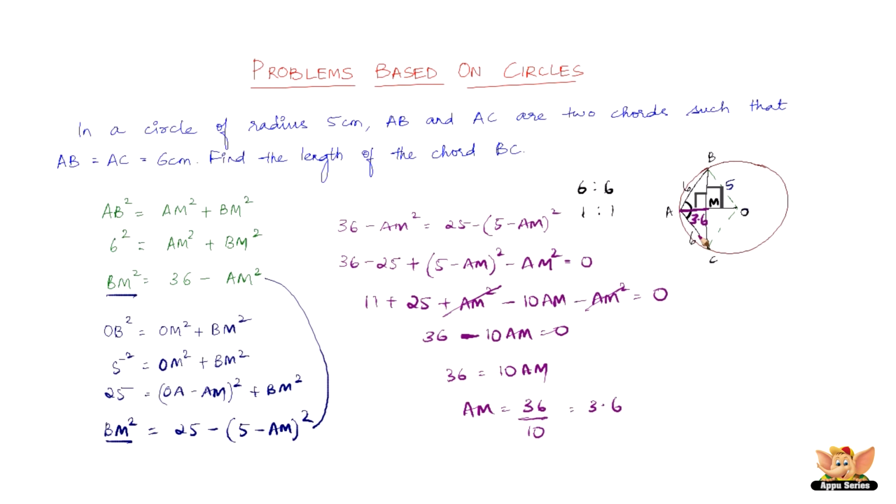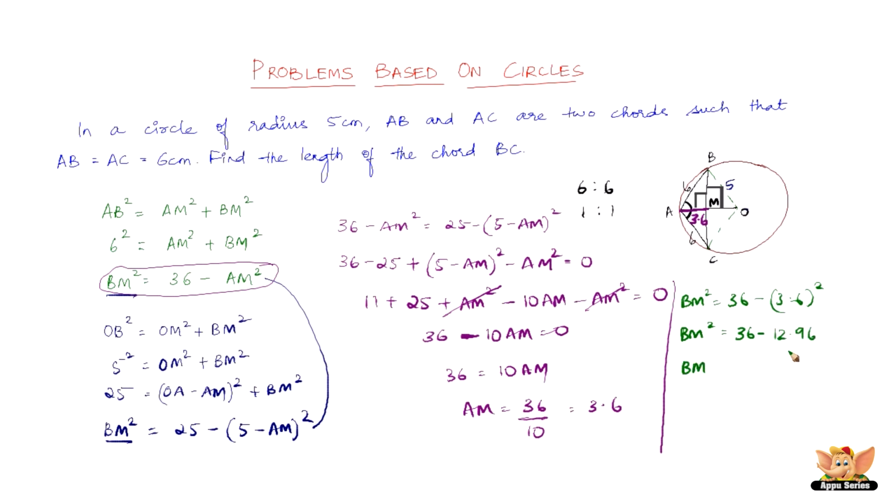Now substituting AM as 3.6 in this equation, we get BM square equals 36 minus 3.6 the whole square. So BM square will be equal to, after all the calculations, 36 minus 12.96.